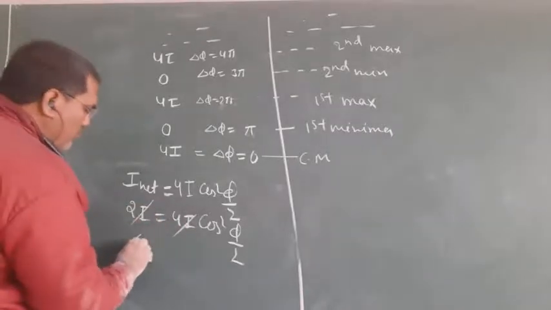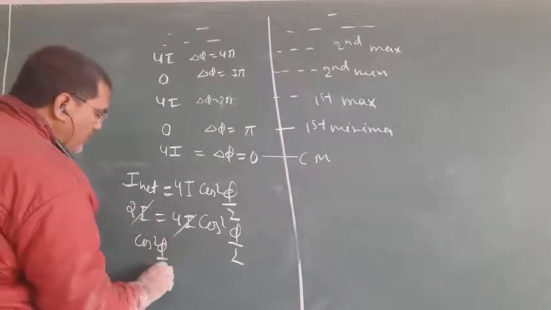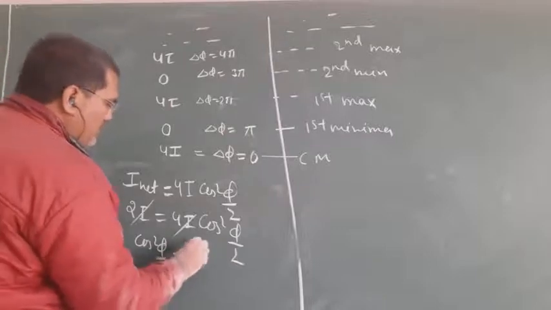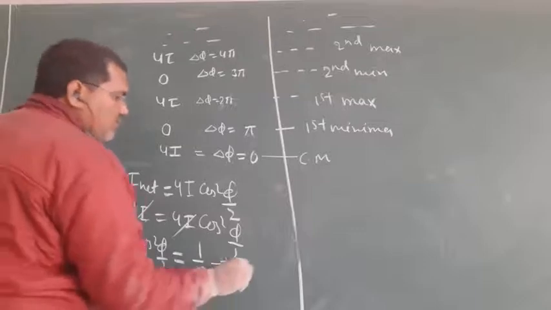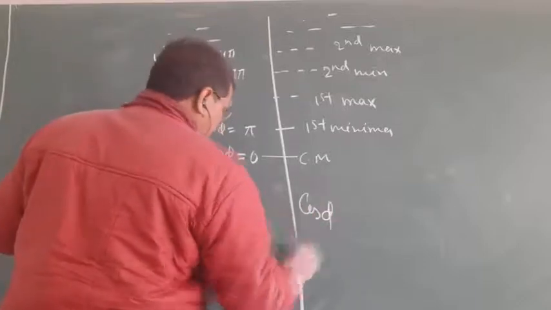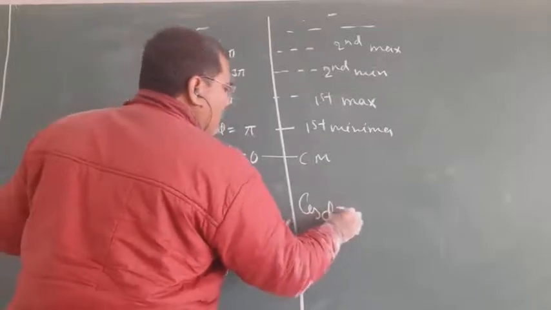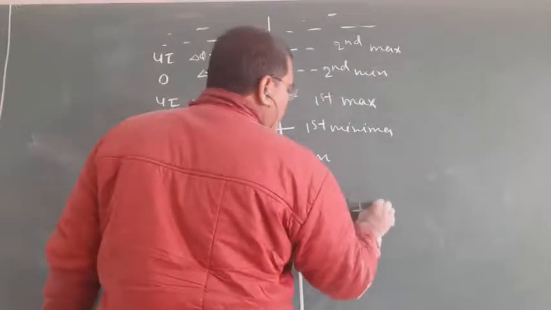So cos square phi by 2 will be 1 by 2, which implies that cos phi by 2 will be plus minus 1 by root 2.